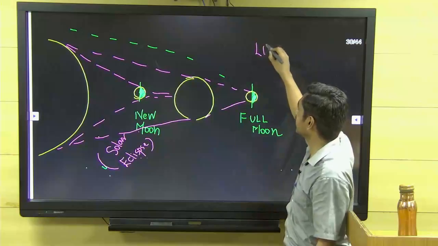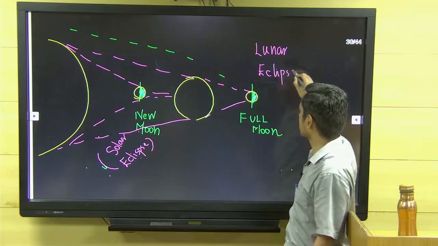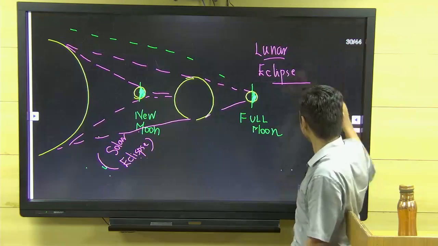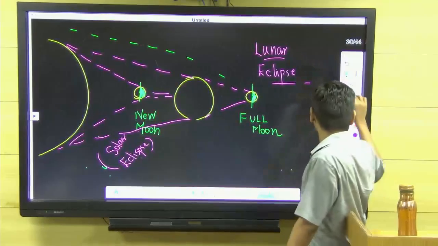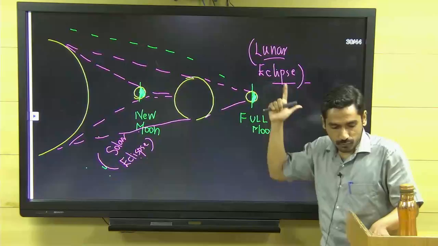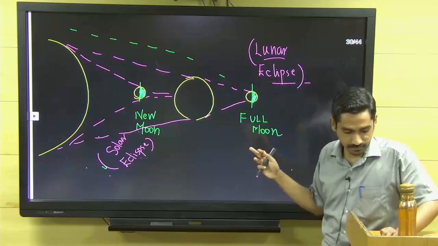Lunar, the Moon is getting eclipsed. Lunar eclipse, right? So lunar eclipse is a special case of full moon position. So new moon, full moon, solar eclipse, lunar eclipse, in all 4 cases you will get spring tides.